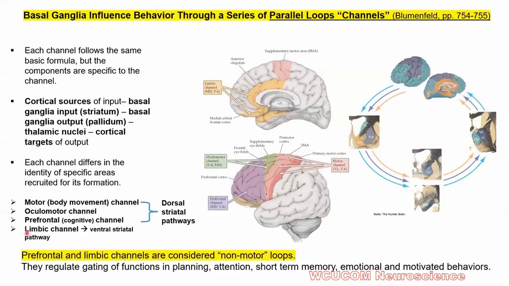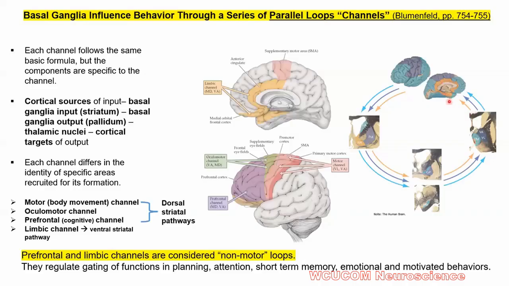And the fourth one is our limbic channel. The limbic channel originates from limbic areas of the cortex and the amygdala and hippocampus. And this is the one that engages the ventral striatal pathway and the ventral pallidum pathway, going to thalamus and going back to the same limbic areas of cerebral cortex.